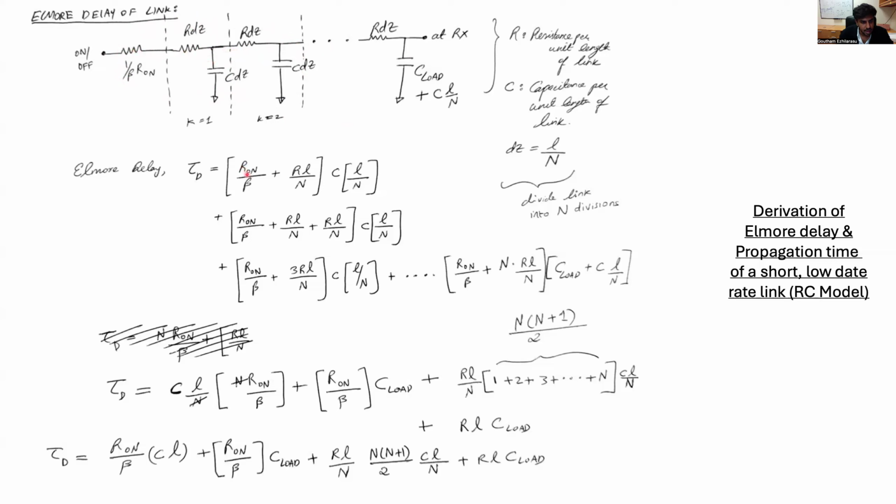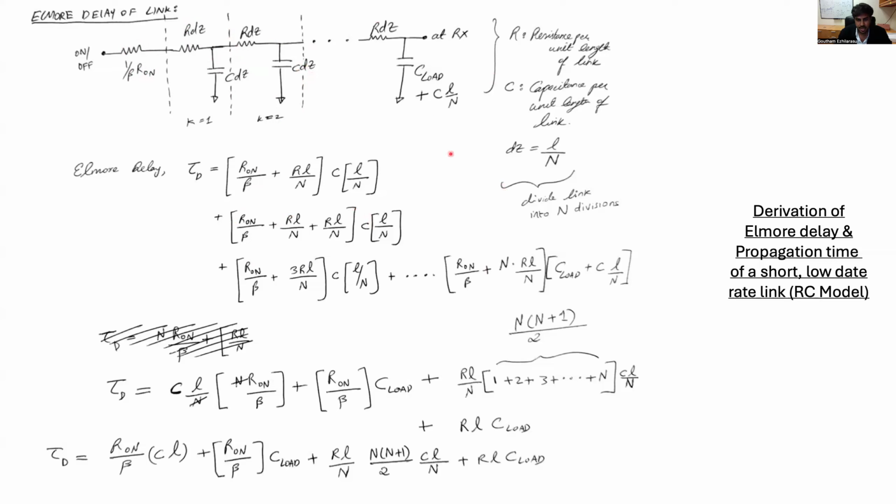So it's going to be R1 over beta plus this resistance, which is going to be RL over N, if you're dividing into N elements, times this capacitance, which is CL over N, plus then this resistance plus this resistance plus this resistance times CL over N, and so on, all the way till the end.